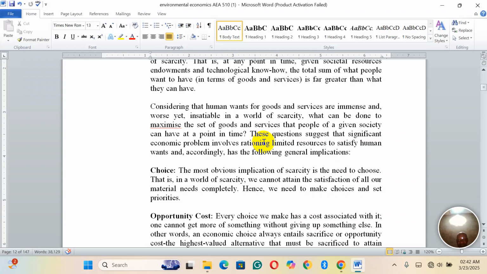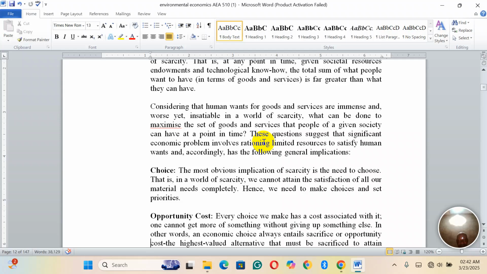This question suggests that the significant economic problem involves rationing limited resources to satisfy human wants, and accordingly has the following general implications. One, choice. The obvious implication of scarcity is the need to choose.